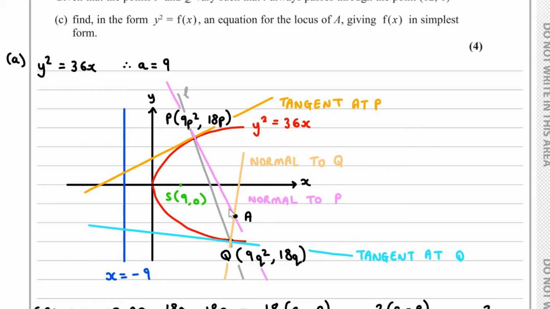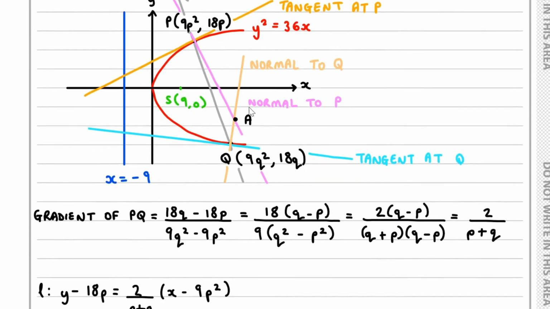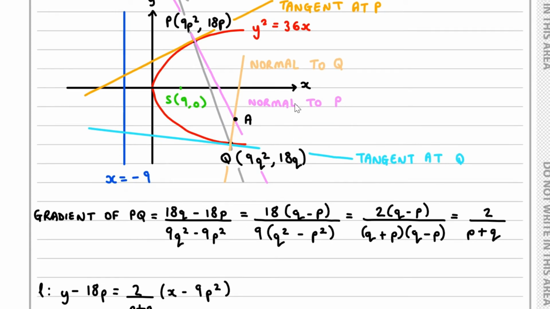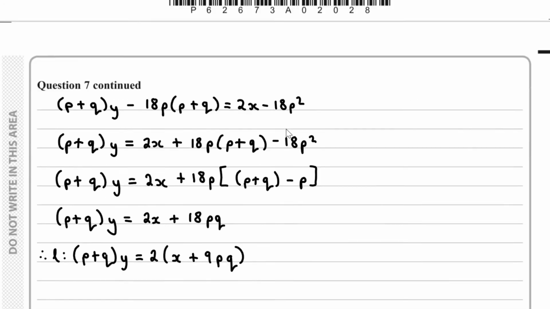Now for us to find where they intersect, I need to find out the equation of the normal to P and Q, and for me to do that I need to find the gradient of the tangent at both P and Q, and use the fact that the normal and the tangent are perpendicular to each other to find the gradient of the normals, and then with that we can find the equation of the normals.